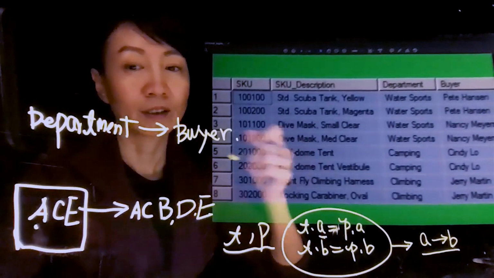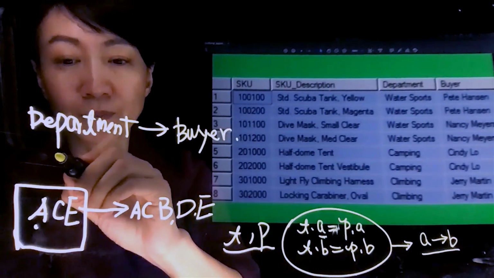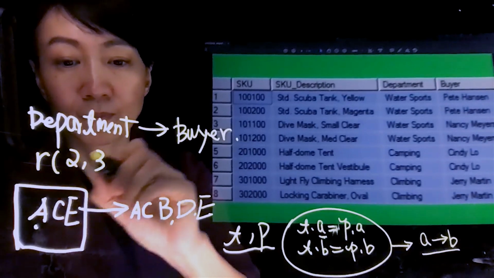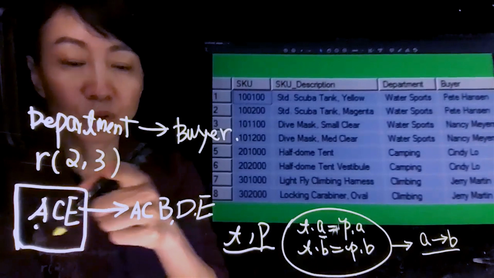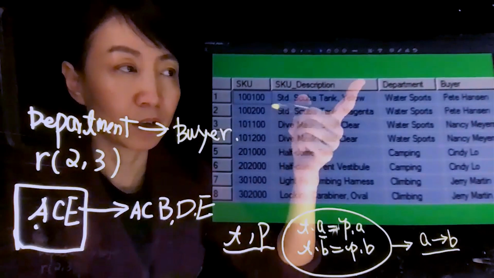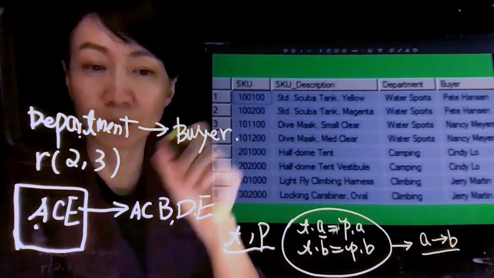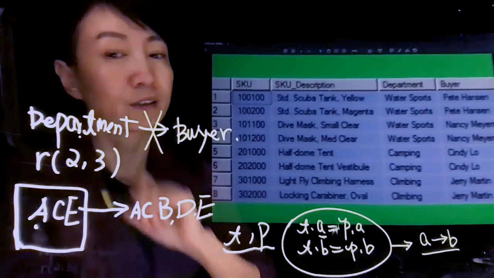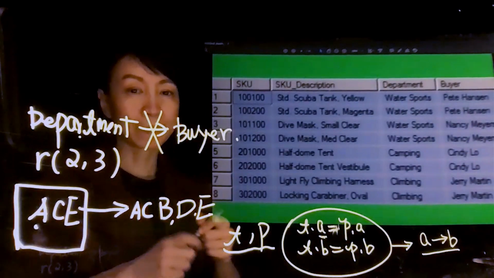You can see row 2 and row 3. If we check row 2 and row 3, they do have the same department. However, they have different bios. So now we can see this FD is not true. Okay.